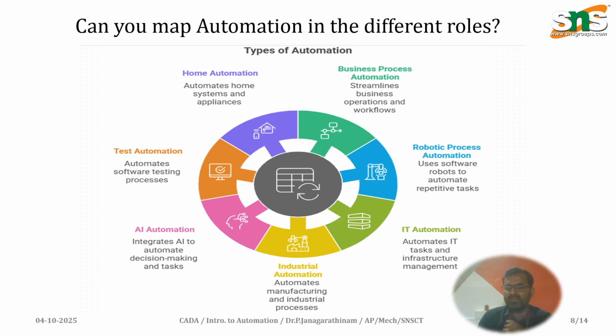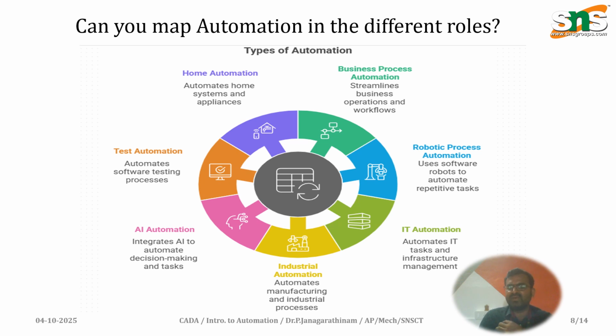In industrial automation, we do automated manufacturing, like NC, CNC, and DNC processes. And AI automation: nowadays we incorporate some AI tools in our IoT, tools which code the data, develop the part programming, and also control all these things.